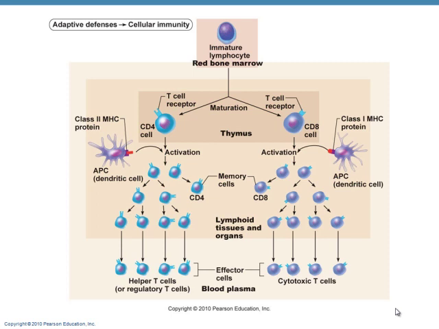MHC class 1, and we're going to find MHC class 1 on pretty much everybody. MHC class 1 proteins, according to your textbook, are displayed by virtually all body cells except red blood cells. They're too busy carrying hemoglobin. They can't be bothered with anything else. So, MHC class 1, every single cell has the ability to present, and they are recognized by the cells of the immune system.